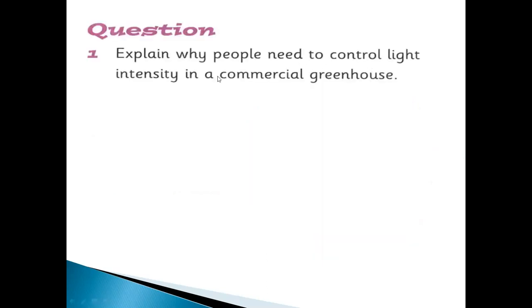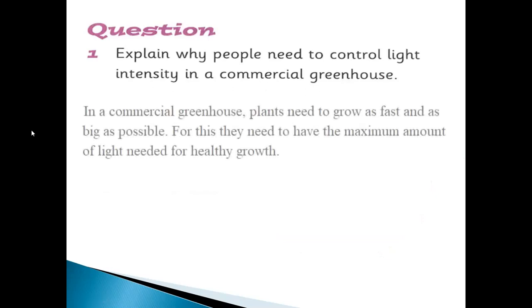Explain why people need to control light intensity in the commercial greenhouse. Why? What do you think? In the commercial greenhouse you can find plants and different kinds of flowers and vegetables. In the commercial greenhouse, plants need to grow as fast and as big as possible, obviously because they want to sell them. If one plant takes 2 months, they want it in 1 month. They want a better result in less time.